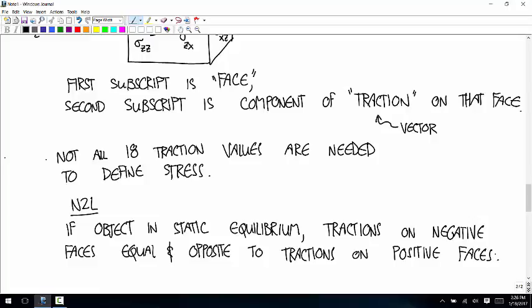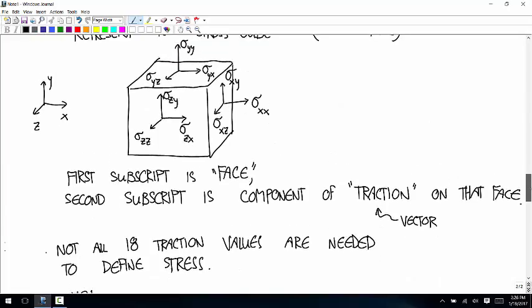So if I know the traction values here, it's redundant to tell you what the values are over here. Those just always have to be equal and opposite to these. There's no other way to keep this from accelerating.